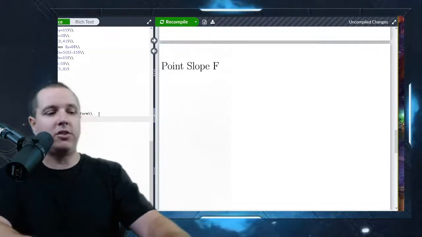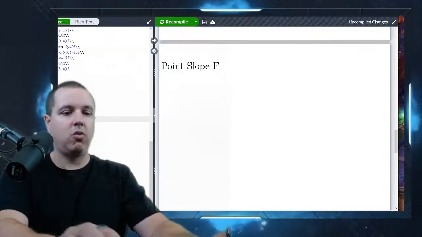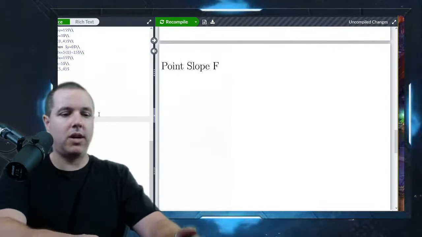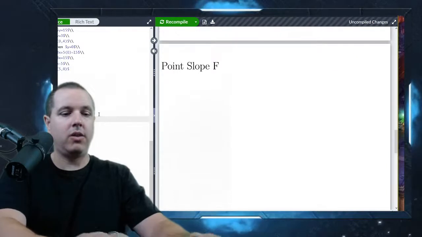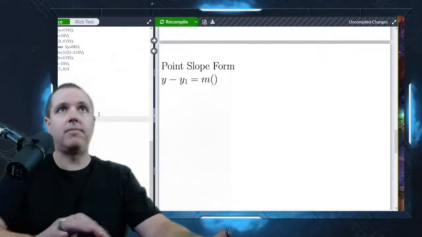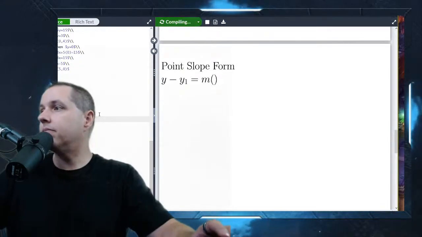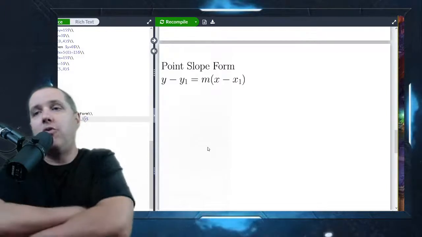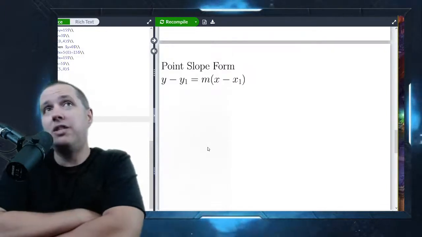Okay, and point slope form looks like y minus y1 equals m times x minus x1. Okay, that is your point slope form. Again, we call it what it is. What do you see when you look in there?